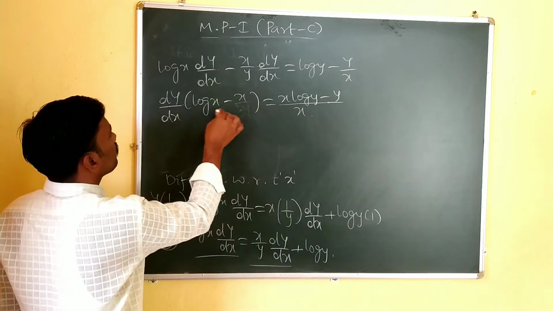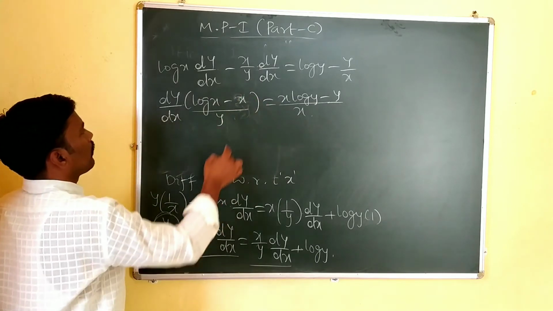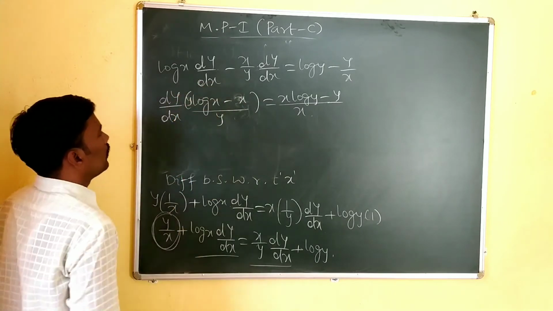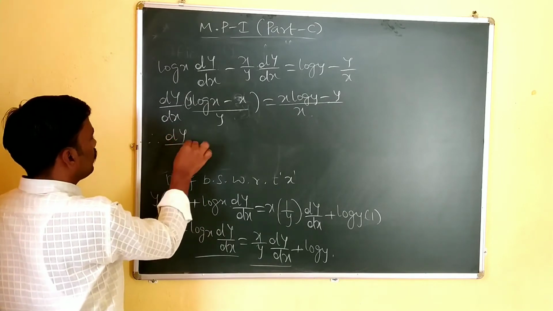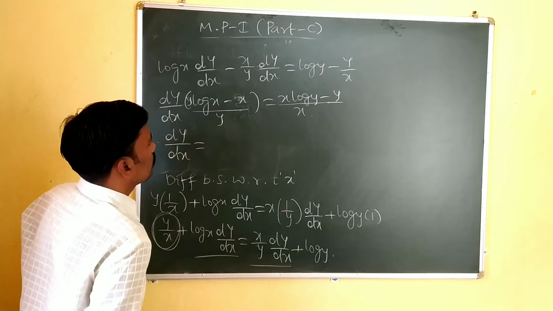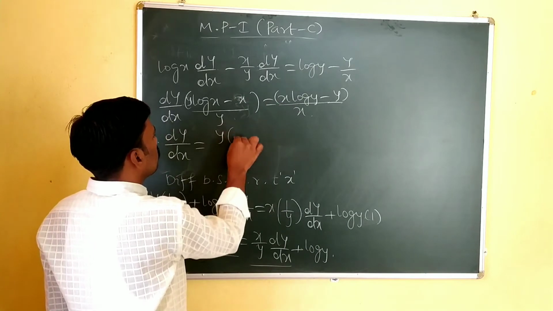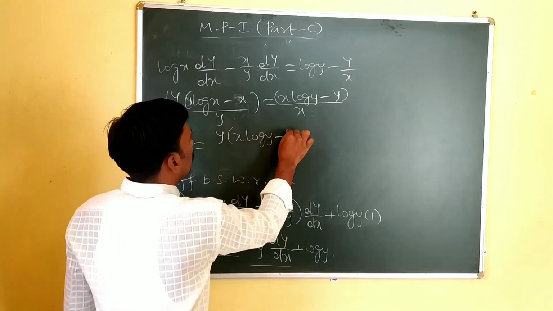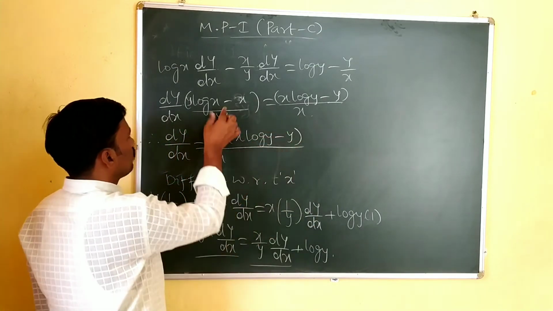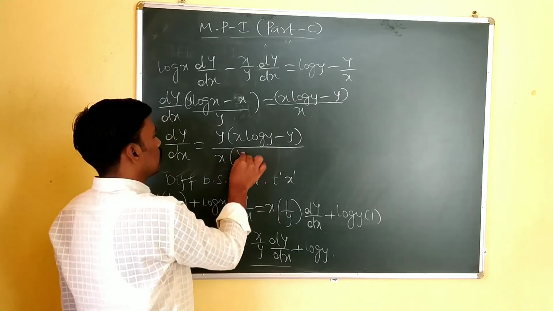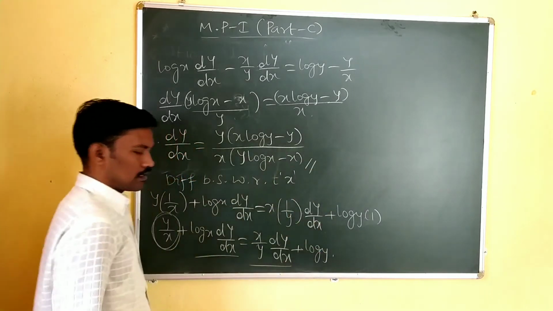It is y, so y into log x minus x. Now do the cross multiplication. Therefore, dy by dx is equal to y into x log y minus y, divided by x into this complete term, x into y into log x minus x. This is not the final answer.